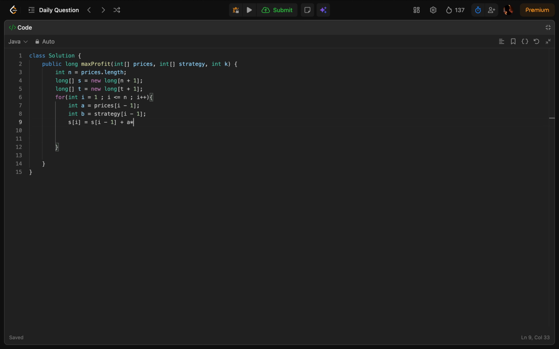So yeah, a into b. And now t[i] equals t[i - 1] + a.